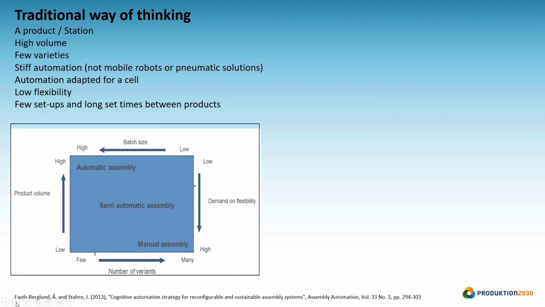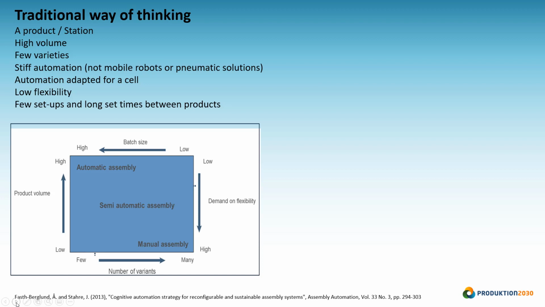So this is a traditional way of thinking, or it was in the 1980s and 90s. So usually you look at one product or one cell. Usually you want to have high volume in order to automate. You want to have few variants.